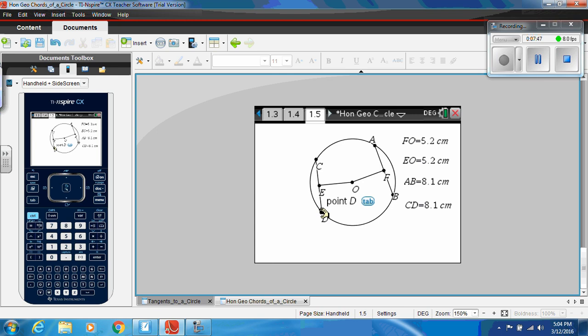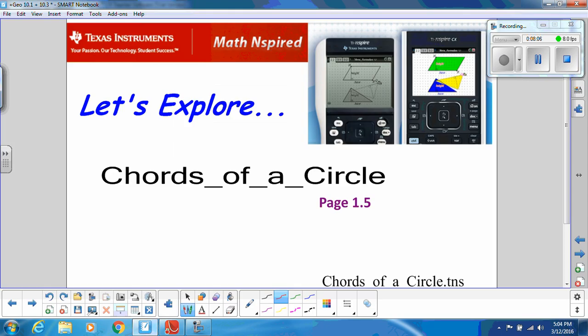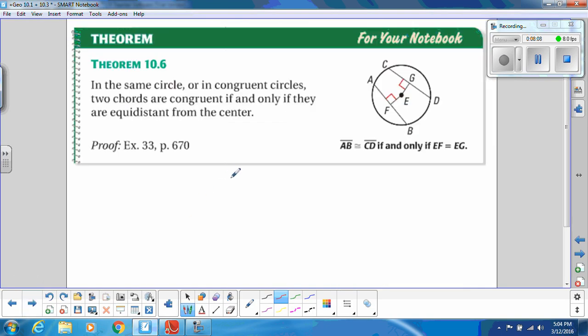So let's say I change EO to be 2.9, and I'm going to change FO to be 2.9. And notice that AB and CD are both the same segment length. They're both 12. So again, let's write that result down in our notes.